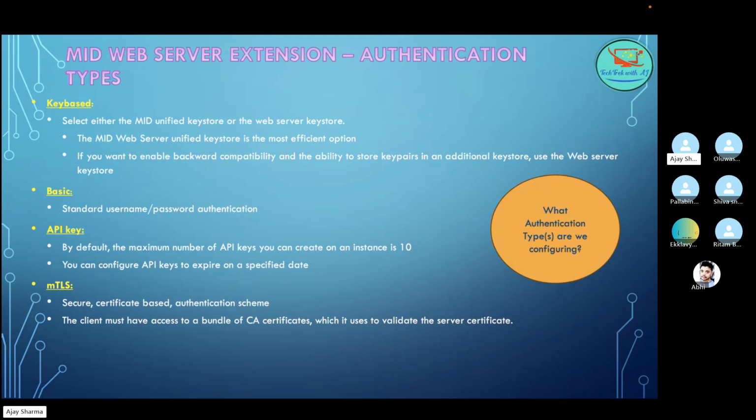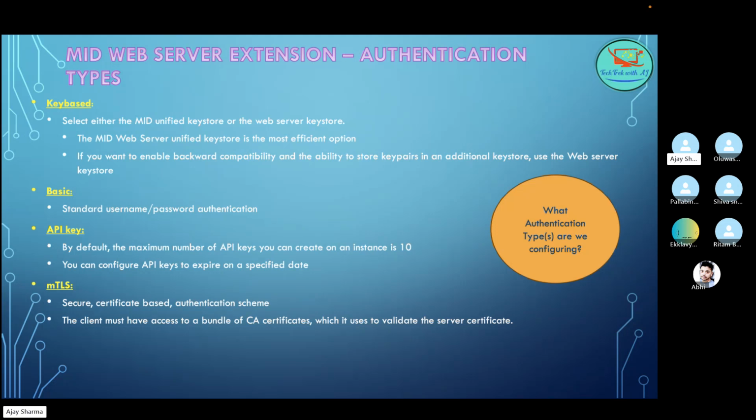So you can also utilize that. And then the most secure is MTLS, or certificate based authentication. The client must have access to a bundle of CA certificates which are used to validate server certificates, right? So these are the four types of authentication which you can utilize while configuring the mid web server extension, right?